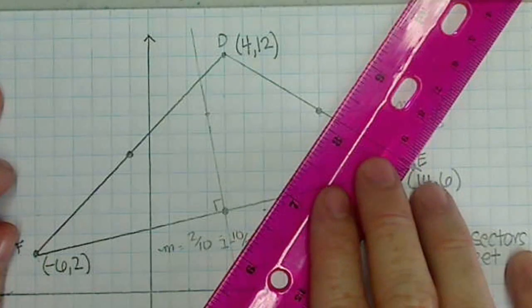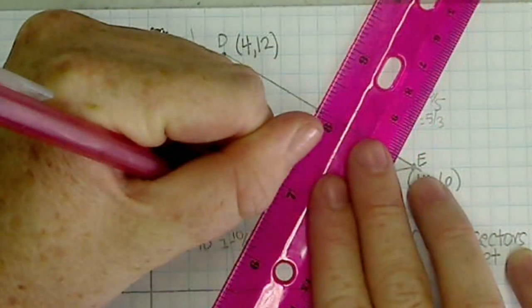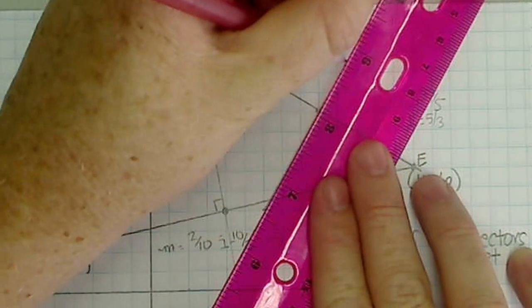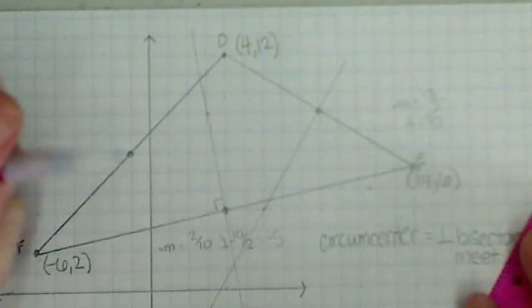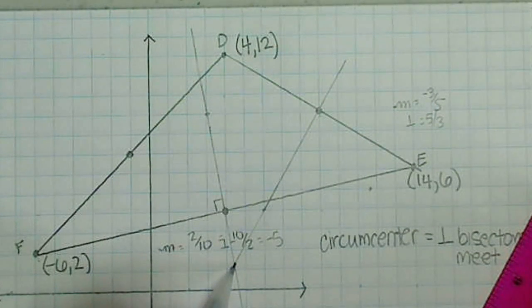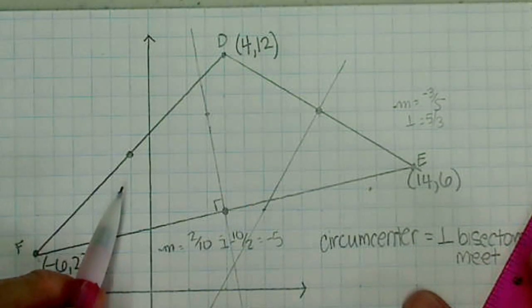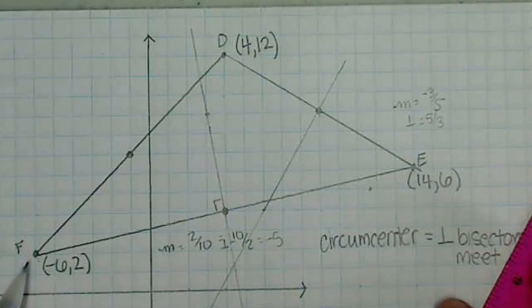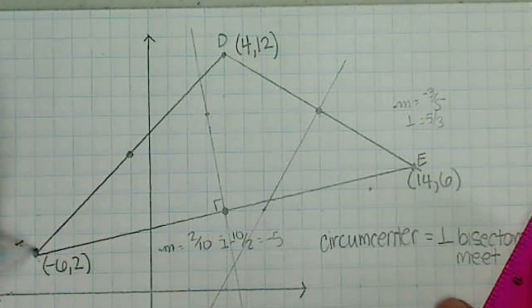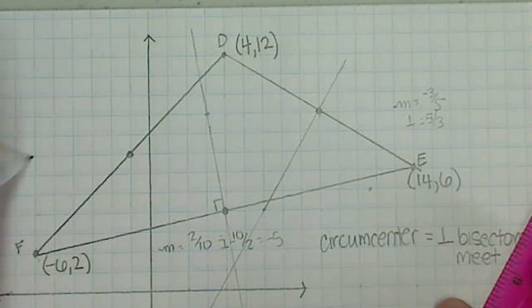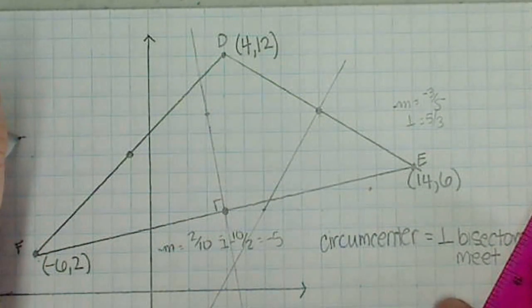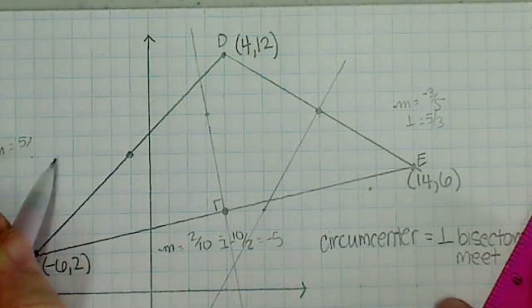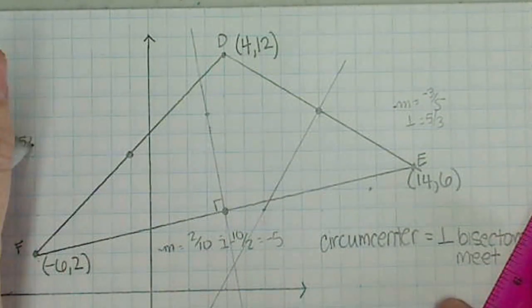Use my ruler, and I'm going to sketch that line, and I can already see where they're going to intersect right here. But I'm going to make sure by doing this third side. Okay, this third side, FD, I'm going to rise 1, 2, 3, 4, 5, and I'm going to run 1, 2, 3, 4, 5.